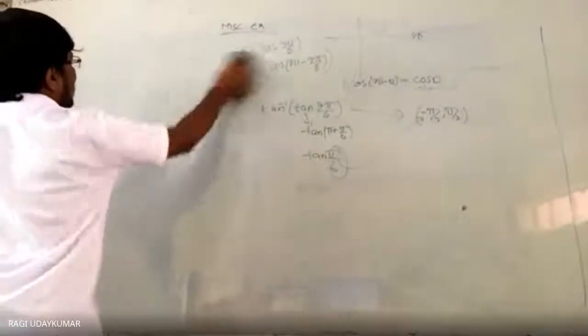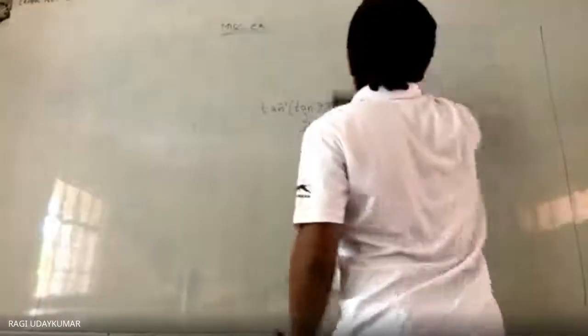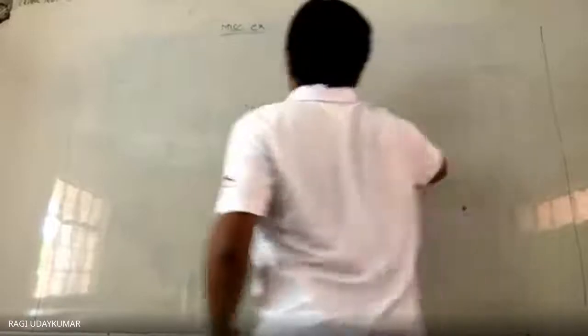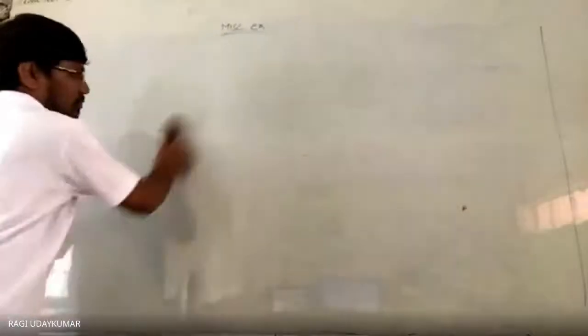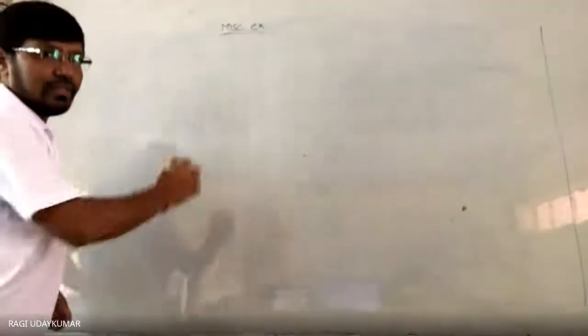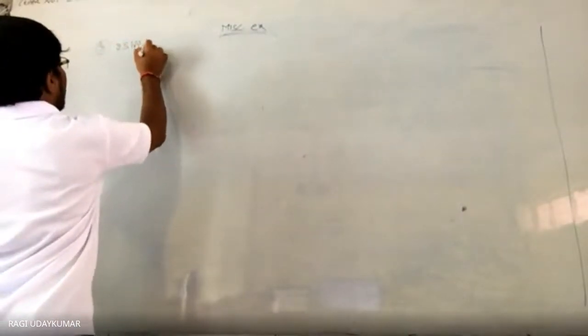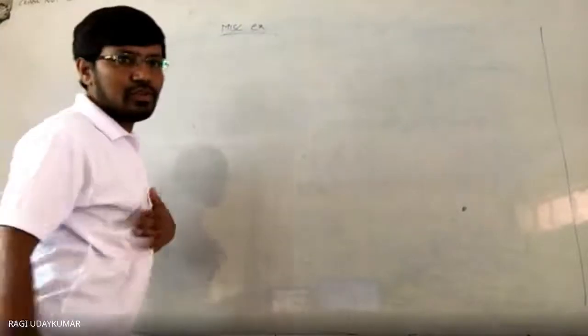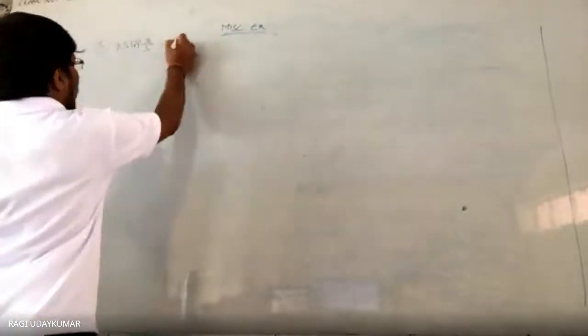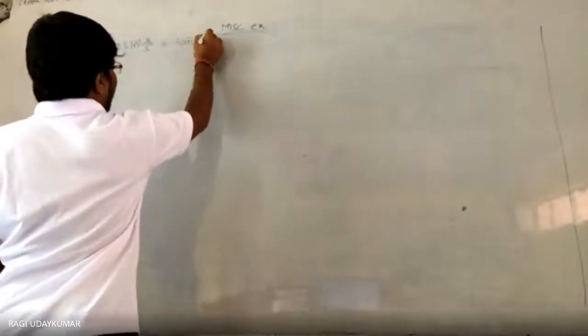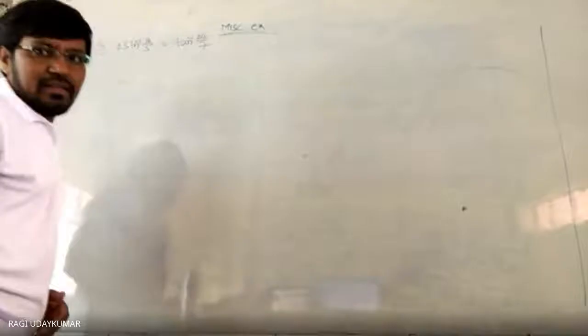It's not a simple, but similar model to the problems what we have discussed in the previous class. Third one is 2 sin inverse 3 by 5 is equals to tan inverse 24. Tan में लिखना है.